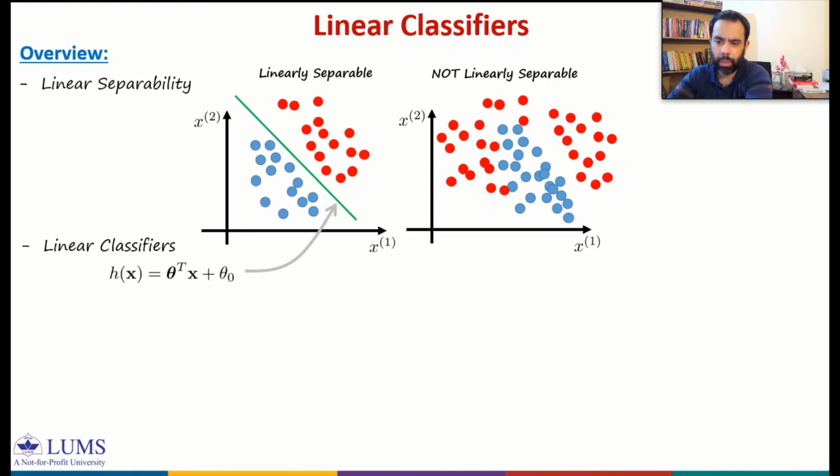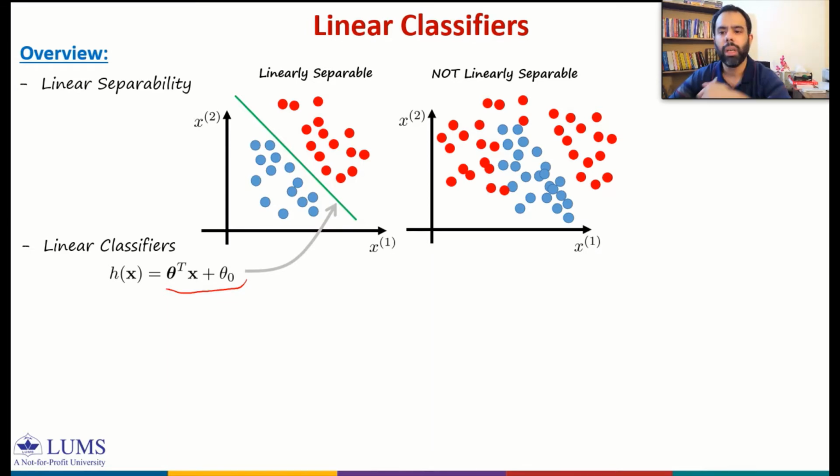Here, the hypothesis function is theta transpose x plus theta naught. Given our prior knowledge, I assume we have a very good understanding of this linear classifier. This theta transpose x plus theta naught represents a hyperplane in the feature space, parameterized by theta and theta naught. The interpretation of theta naught is the offset, and theta represents the orientation or the slope of the classifier.